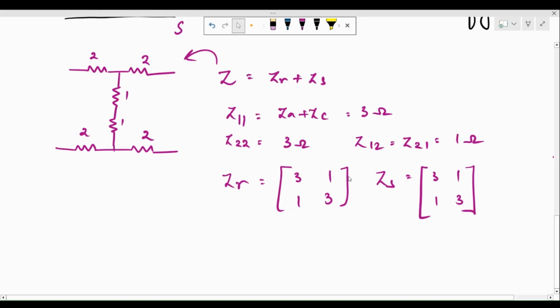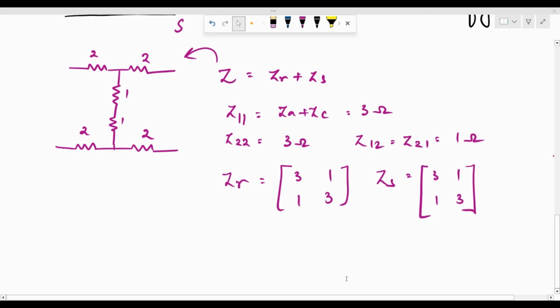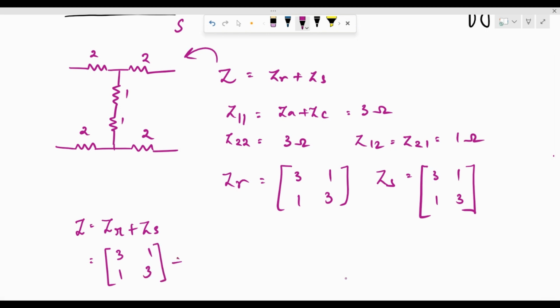Now, since the two networks are in series connection with each other, the overall impedance can be found as ZR plus ZS. Therefore, it is going to be [[3, 1], [1, 3]] plus [[3, 1], [1, 3]], which turns out to be [[6, 2], [2, 6]].